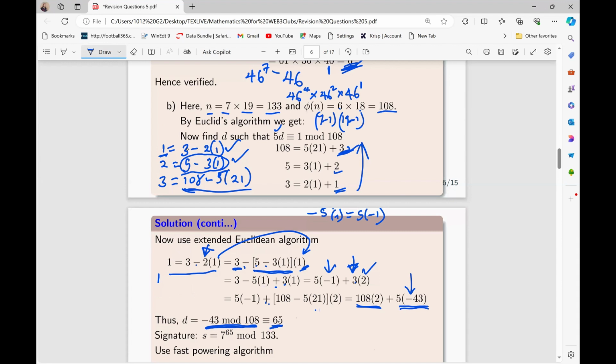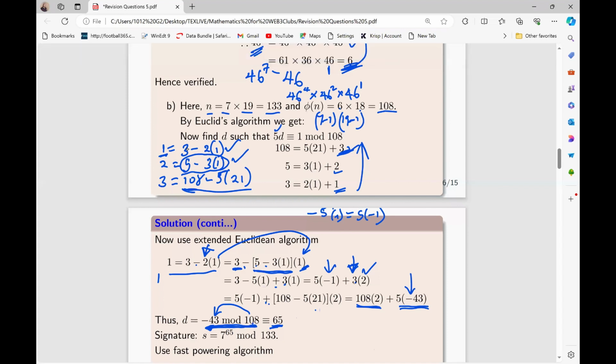The easier way I told you was just to add these two numbers. Add this to this until you get a positive number. For this case, it's just once. You just add it once and get this. The alternative way that I showed you was just take 108, because this one means the remainder when 108 goes into negative 43.